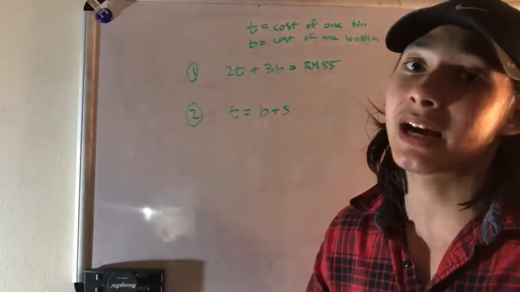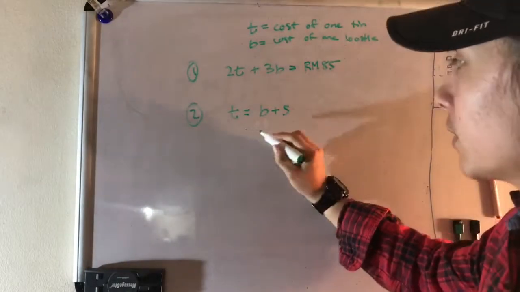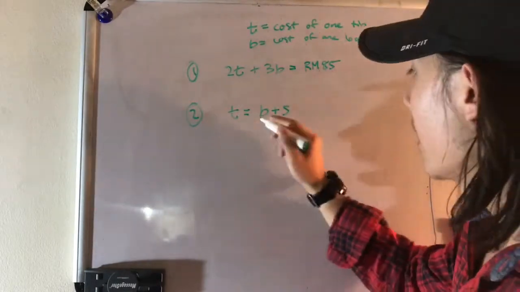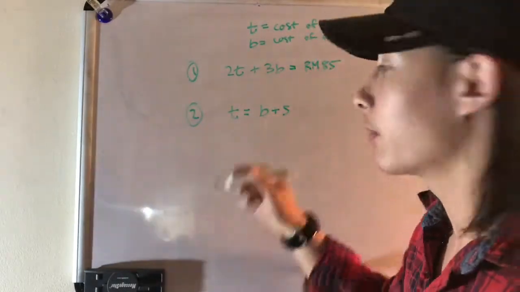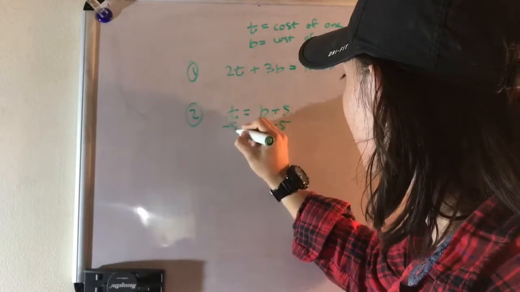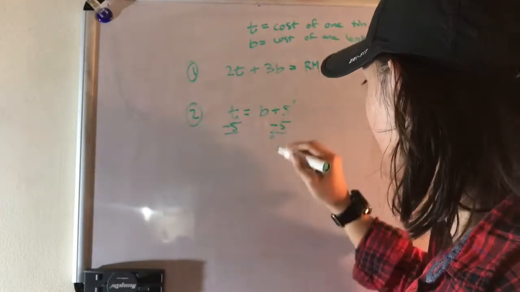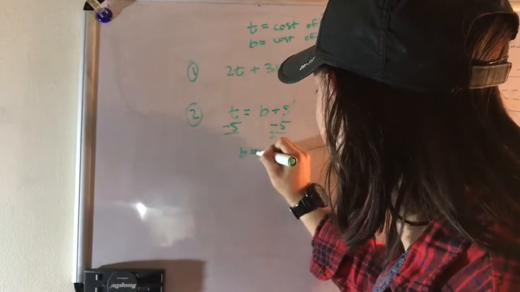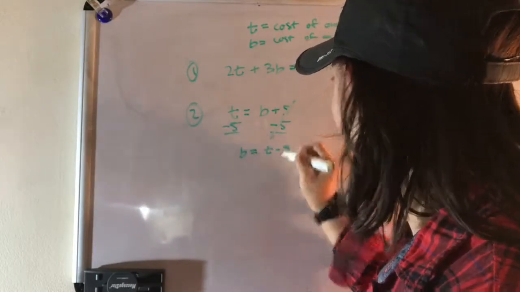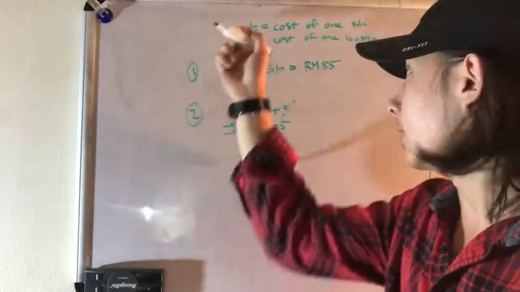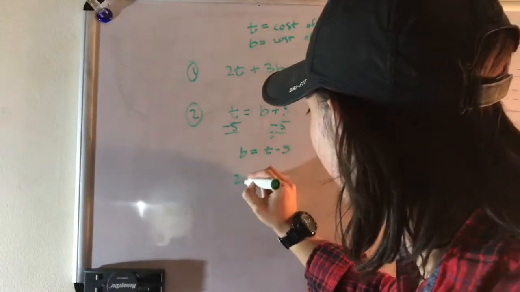We want to find T and isolate that T. So what we're going to do is subtract 5 from both sides of the equation, minus 5, those are 0. That gives you B is equal to T minus 5. And then after that, you simply plug that in.